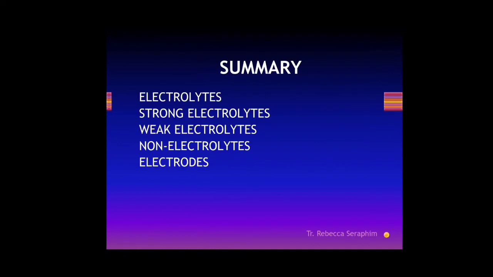The two electrodes are the cathode, which is connected to the negative terminal of the battery, and the anode, which is connected to the positive terminal of the battery. And we saw the whole process of electrolysis. So what is electrolysis? It's the decomposition of a substance due to the passage of electricity.